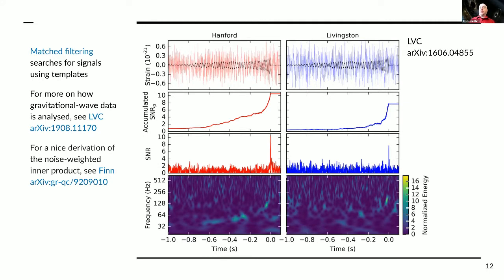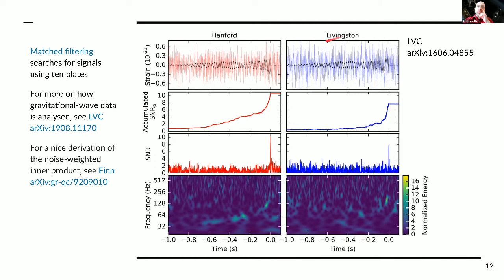So the best way we have currently of searching for signals is illustrated in this figure here. It's using a technique called matched filtering. The idea here is that we search the data using templates. If you know what you're looking for, it's easier to find what's going on. In the top panel here, we have some strain data from our detectors, Hanford and Livingston.